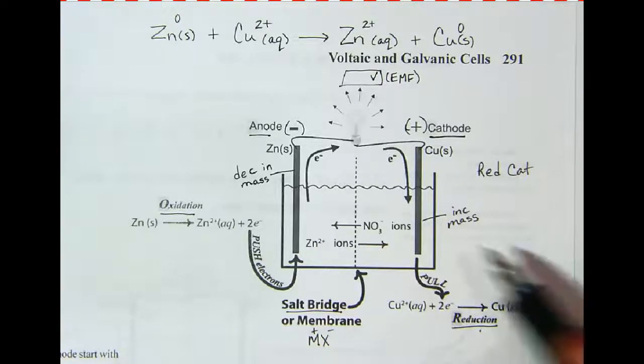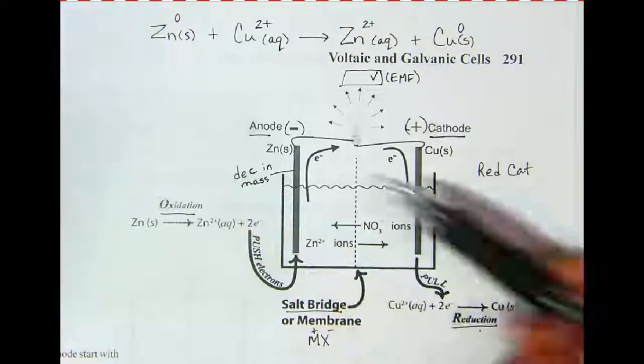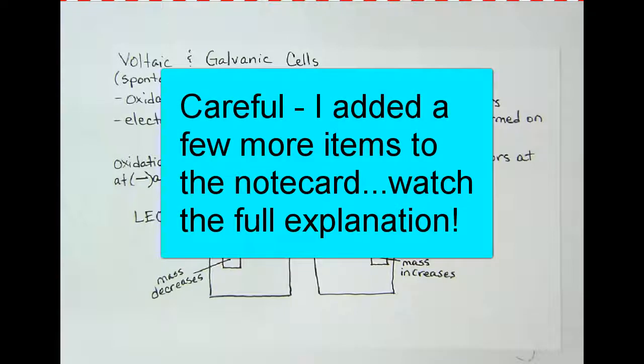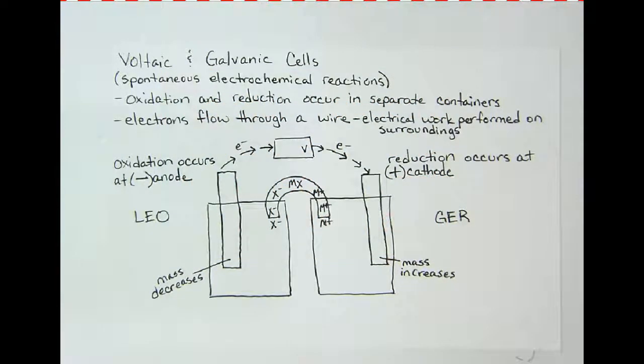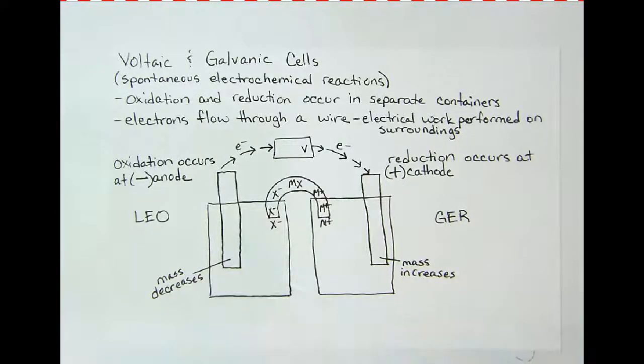The reaction at the anode is where oxidation occurs, and the reaction at the cathode is where reduction occurs. Pause the video and copy down this diagram of a voltaic cell, and keep in mind that a large part of your final unit is going to be actually labeling all the parts of a voltaic cell.